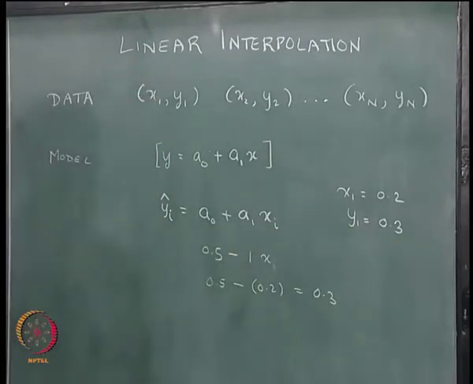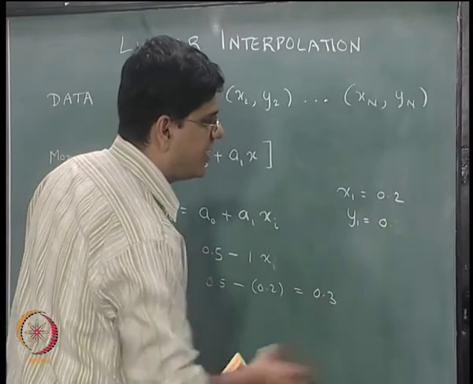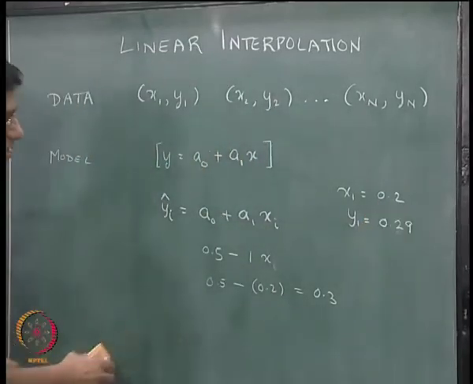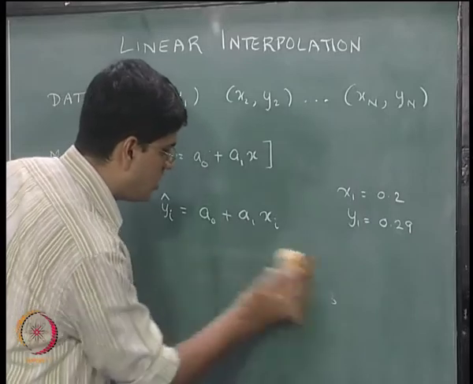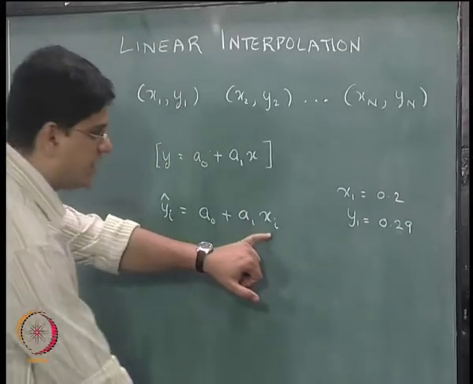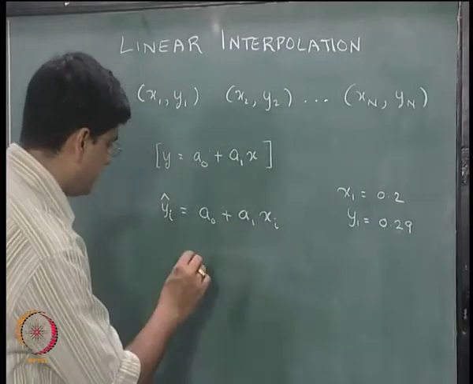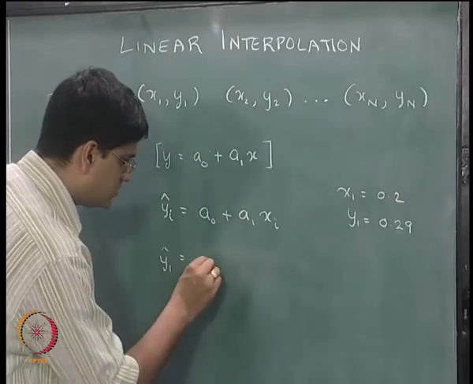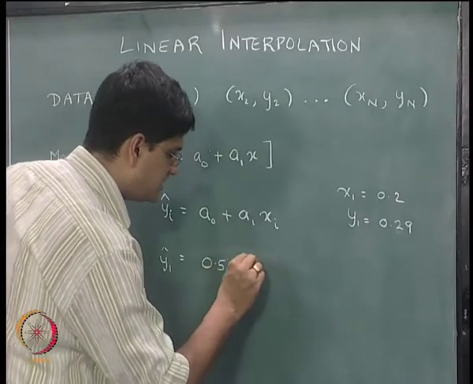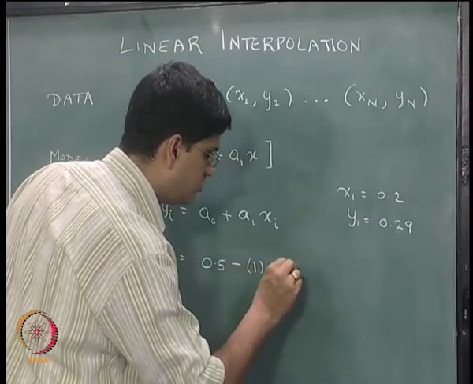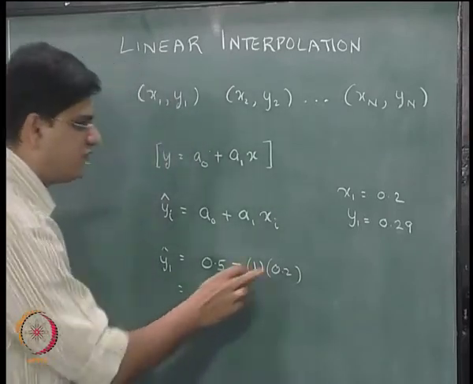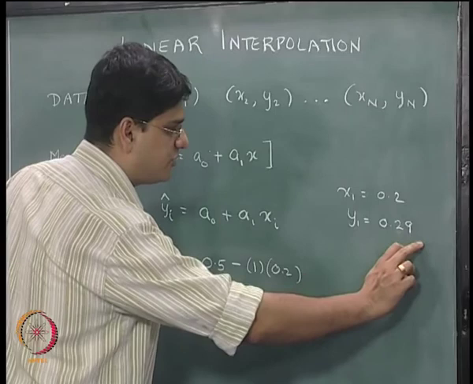But instead, let us say the y1 was 0.29, okay. In that case, when we substitute the value of x1 in this particular equation, we will get y1 hat is going to be equal to 0.5 minus 1 into 0.2, which we just obtained as 0.3, which is different from y1.